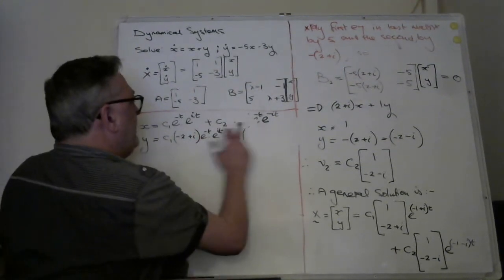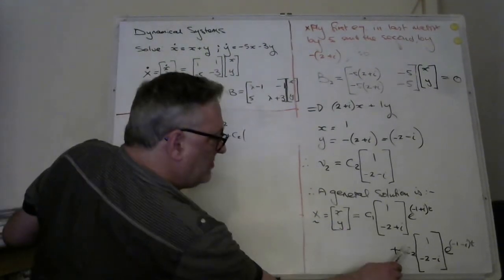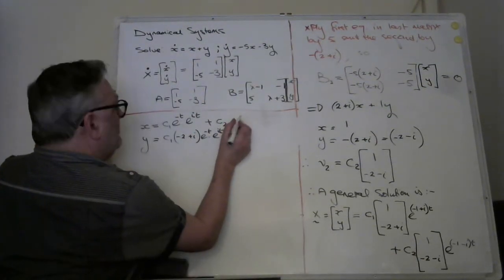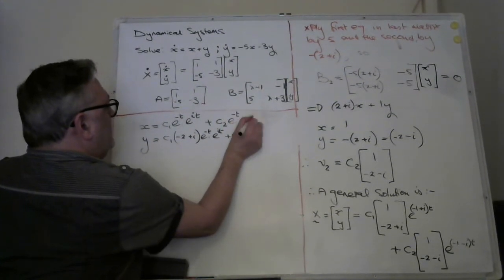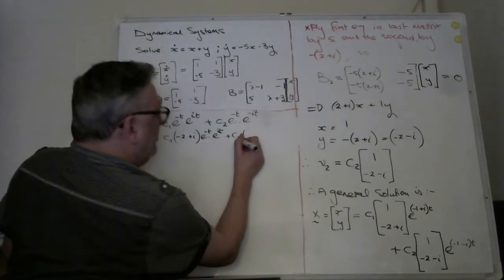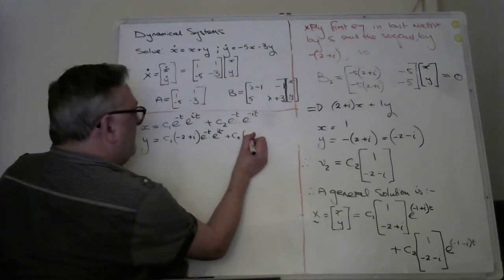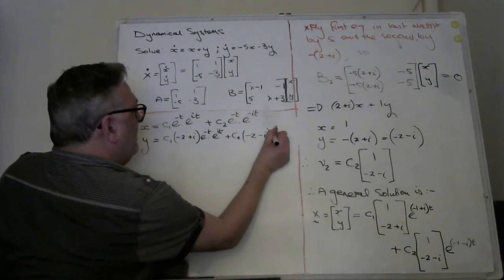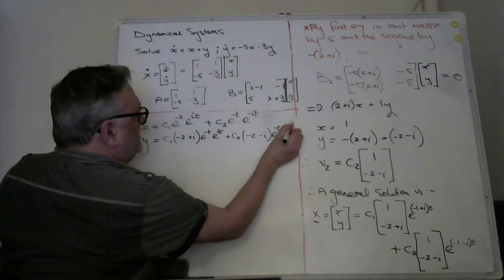That should just be C2 times 1 times that. I do make mistakes. e to the minus t, e to the minus i t up there, and then C2 times that is minus 2 minus i, e to the minus t, e to the minus i t.